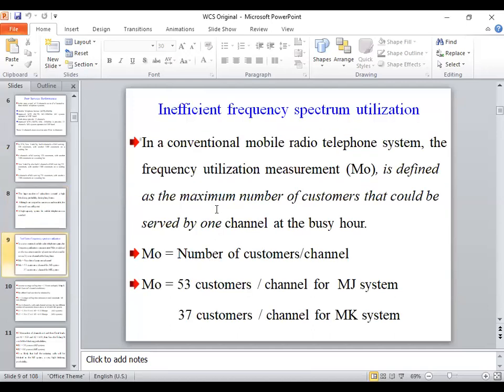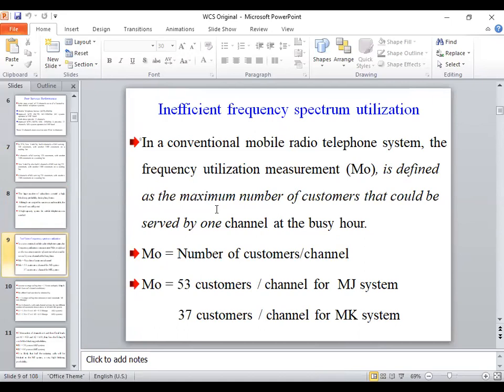Next is inefficient frequency spectrum utilization. The third limitation is inefficient frequency spectrum utilization.